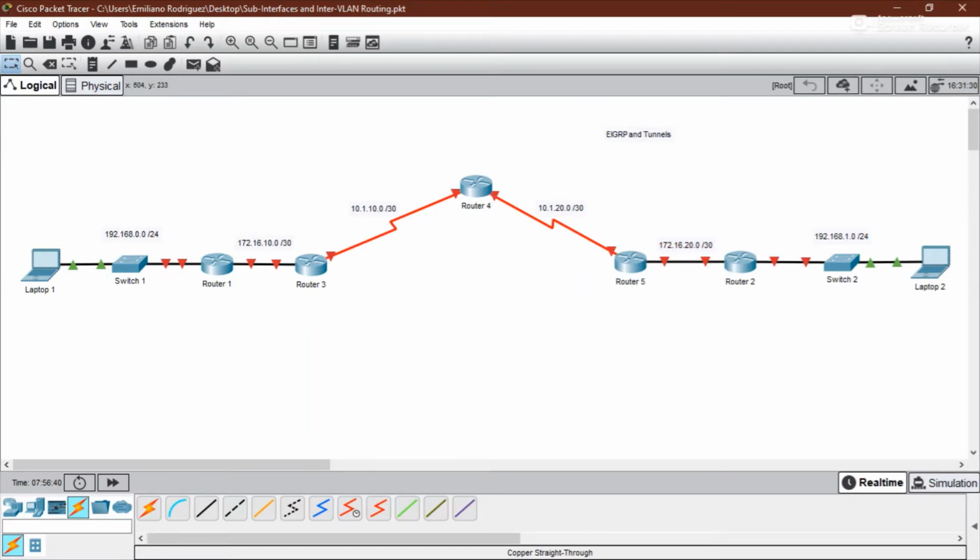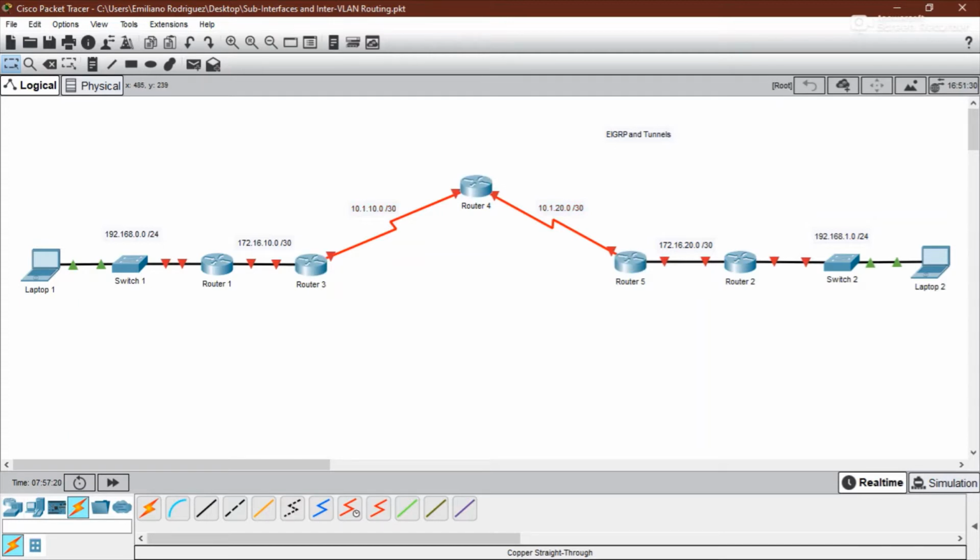Router 3 and router 5 will not, however, be advertising the 10.1.10 network or the 10.1.20 network with router 4. Therefore, router 1 will not be able to send traffic over the WAN with EIGRP alone, since router 3, router 5, and router 4 will not be using EIGRP to pass traffic back and forth.